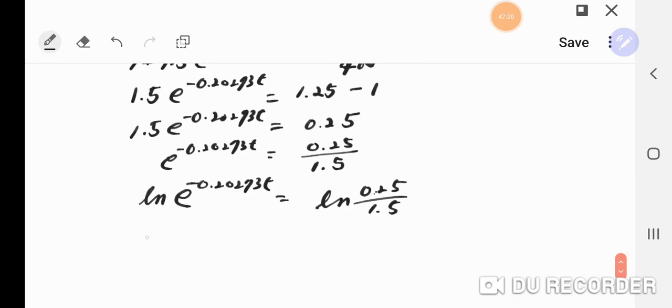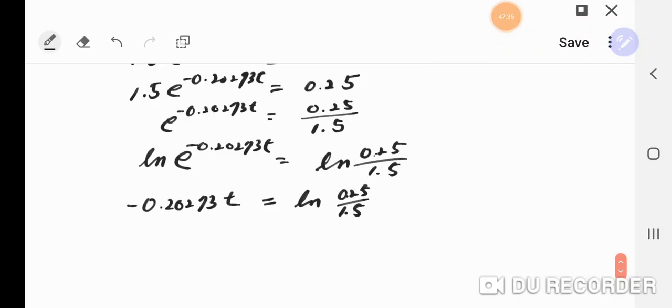So the exponent moves to the front, negative 0.20273t. Natural logarithm e will become 1. The right side is the same, unchanged. And then divide each side by the coefficient.